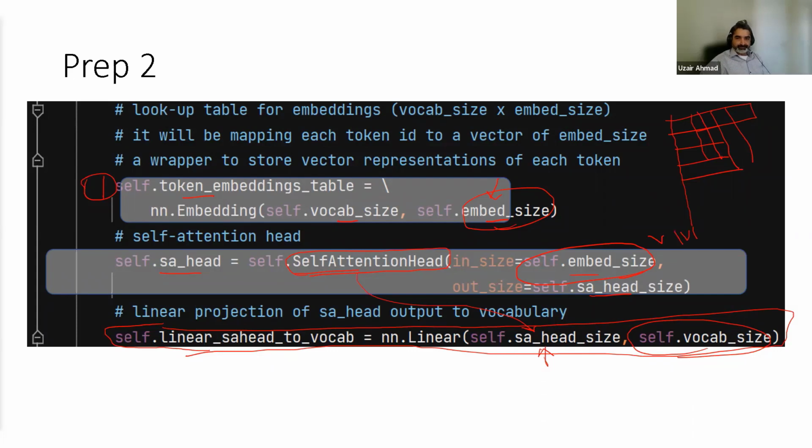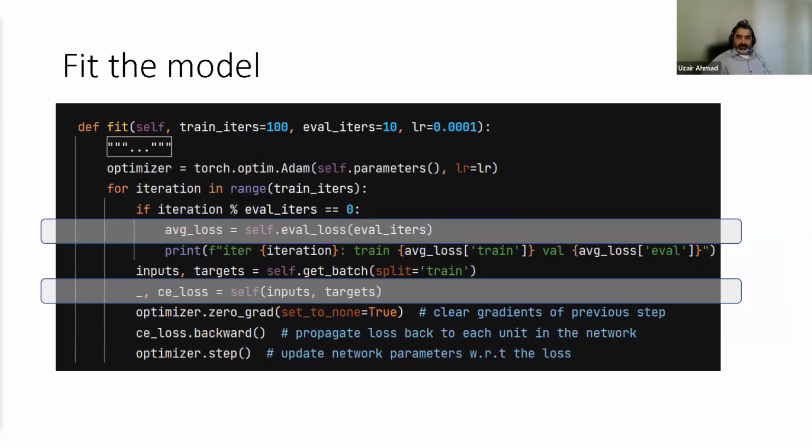Once we have this, what we do? Now we fit the model. What we are doing in this fitting function, a bit of PyTorch specifics. We initialize an optimizer. And then we say, let's run this many iterations.